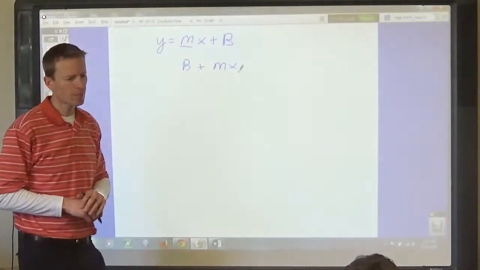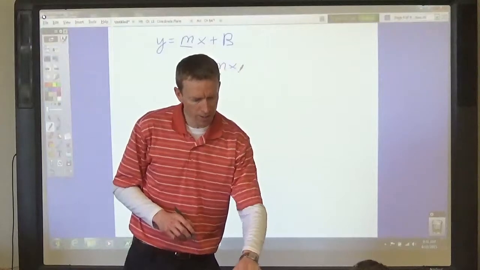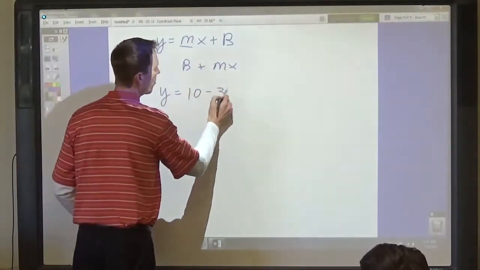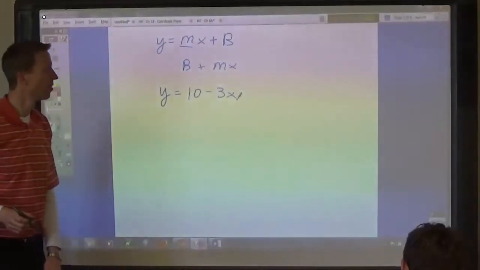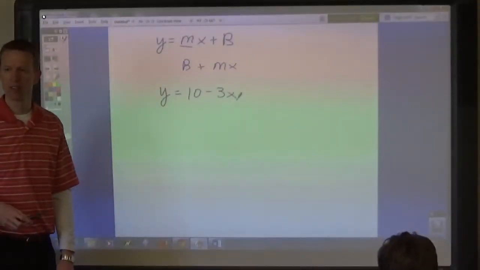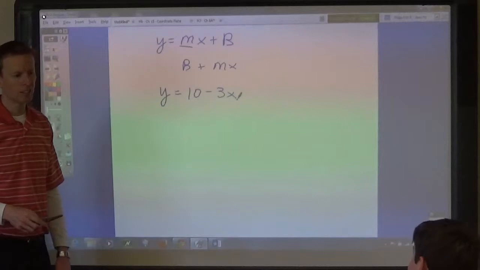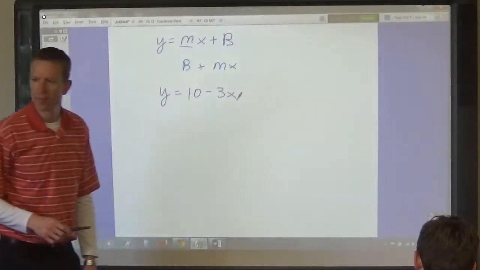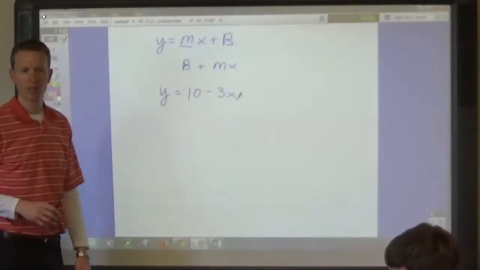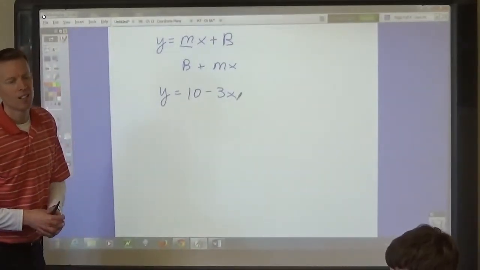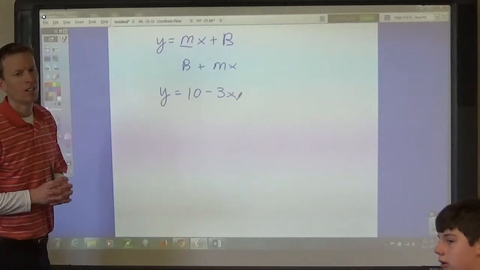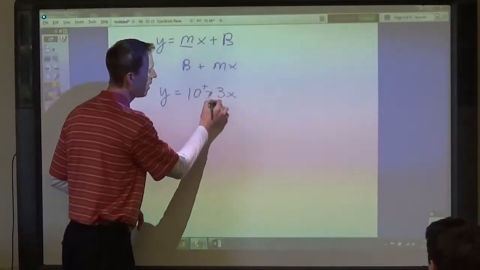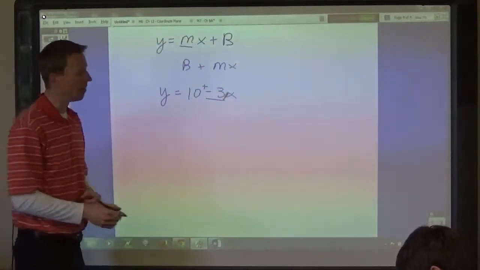Okay? So if you're given an equation like y equals 10 minus 3x, what is the slope? This is number 14, right? What is the slope, John? Good, it's -3/1. The coefficient of x is -3.